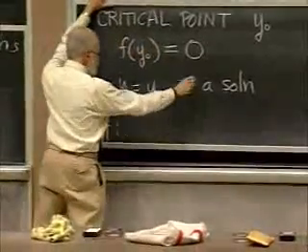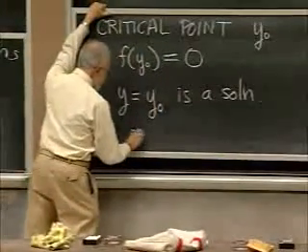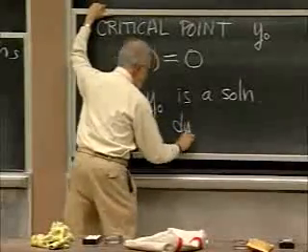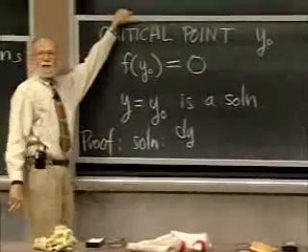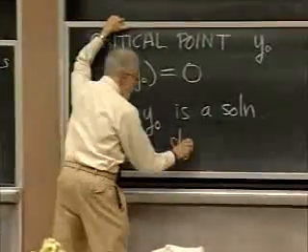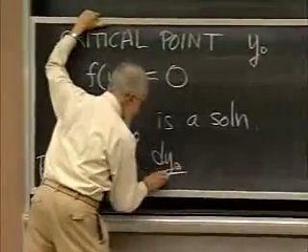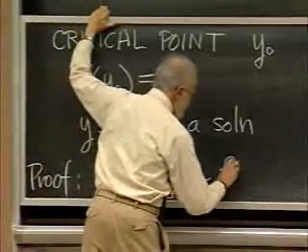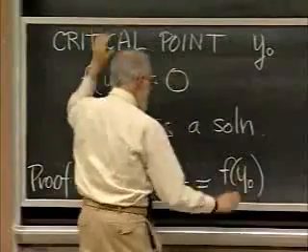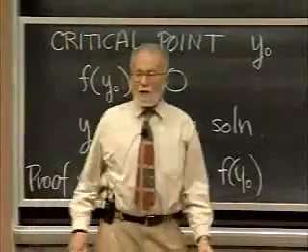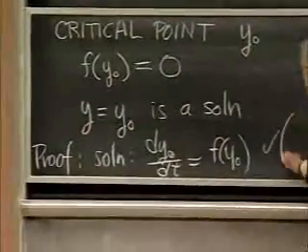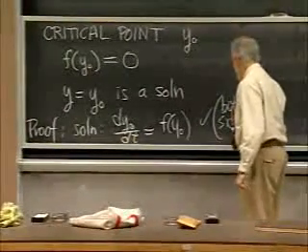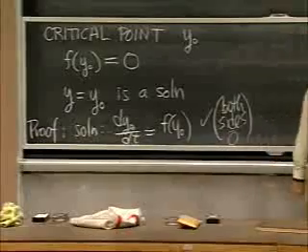To say that it's a solution, what does it mean? It means that when you plug in this constant function, y0, dy0/dt is equal to f of y0. Is that true? Yeah, both sides are 0. Both sides are 0.